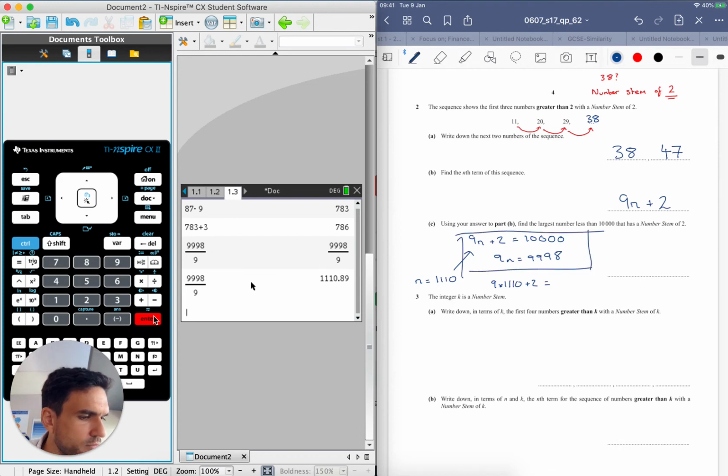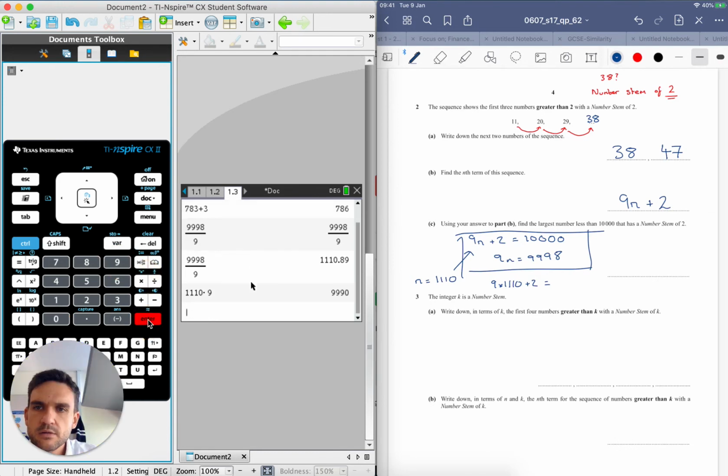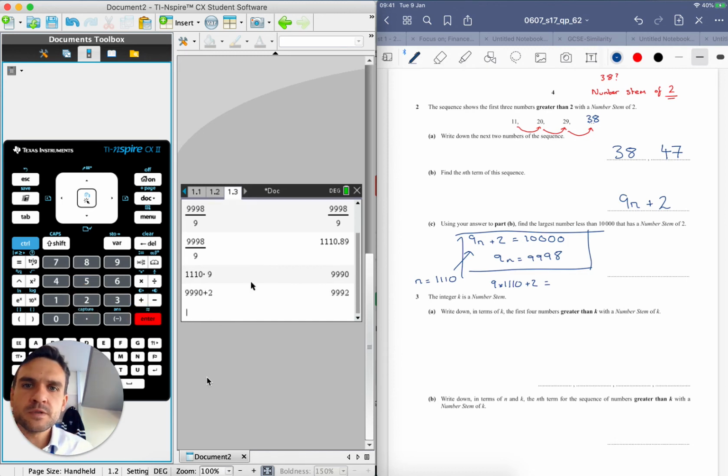So that's different workings. What if I take 1110, multiply that by 9, and then add 2? That's going to give me an answer of 9,992.